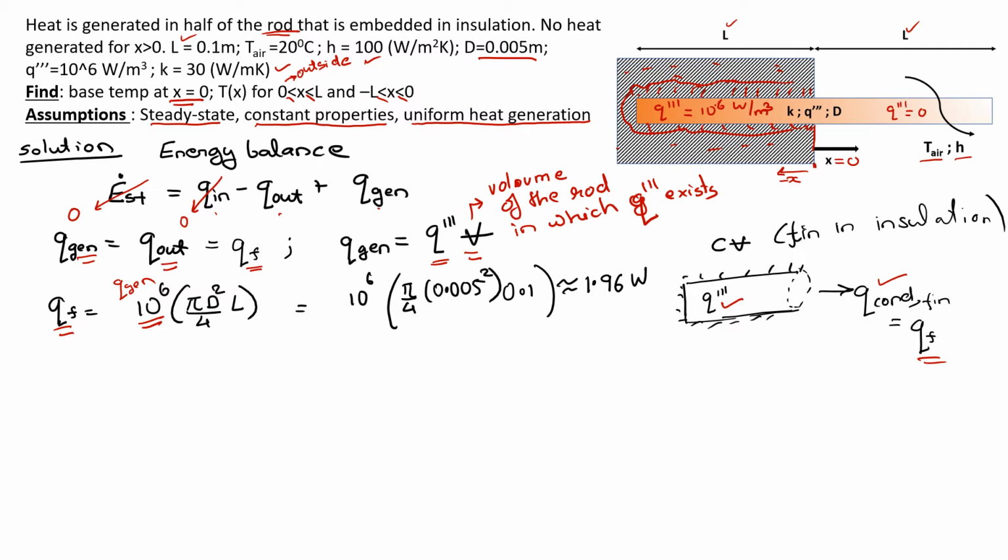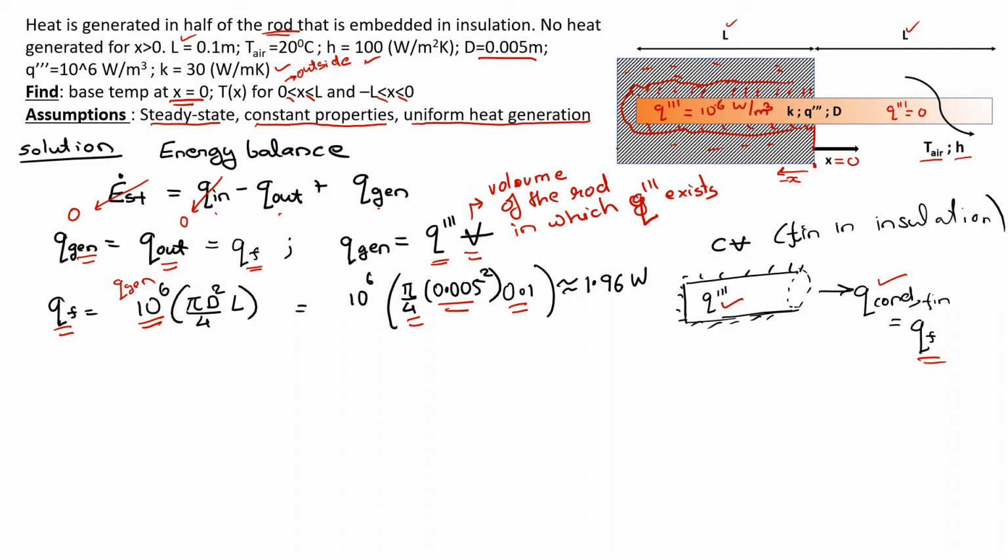Now the volume of the rod or the cylinder is pi by 4 d square into length L. So our volume will be pi by 4 times the diameter, 0.05 meter, squared, times the length of the rod which is inside the insulation and which has heat generation, 0.01.